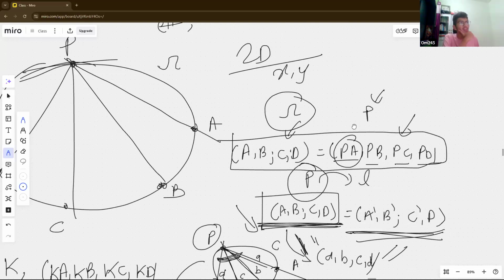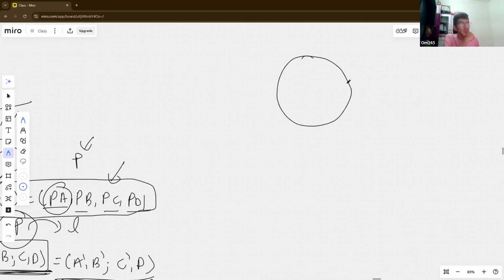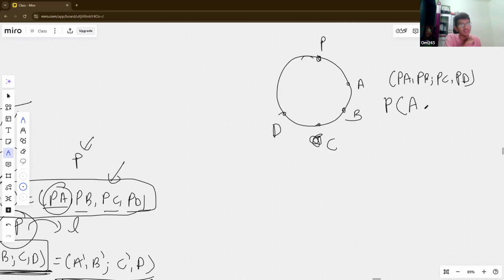And there's a special fact for a circle. If you consider any 4 points on a circle and try to define the cross ratio, it will be the same as for a conic, which will be PA, PB, PC, and PD. There's another way to write this. Assume that P is outside, so we consider the lines from P to these 4 points.